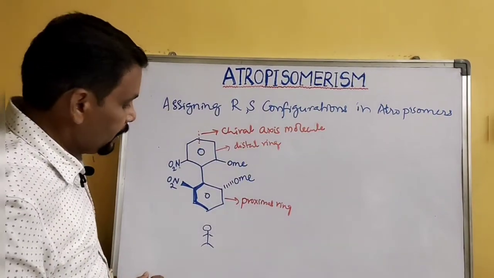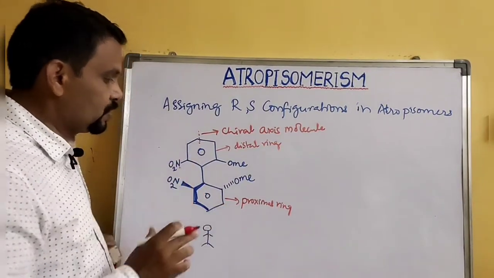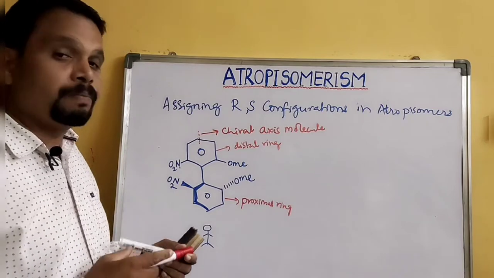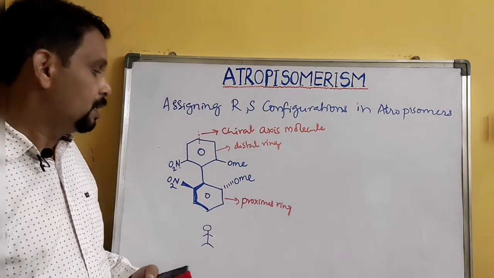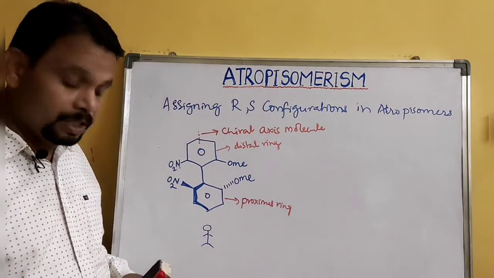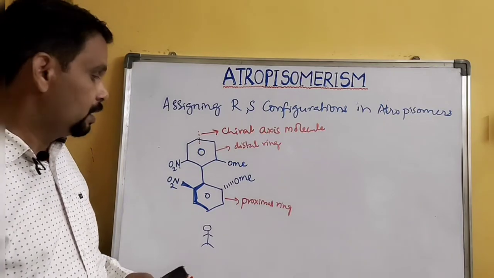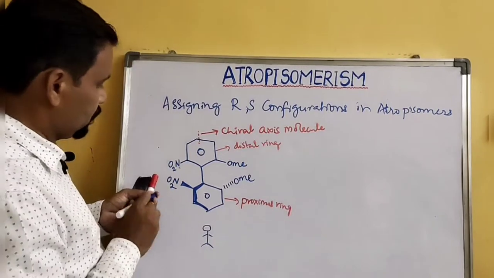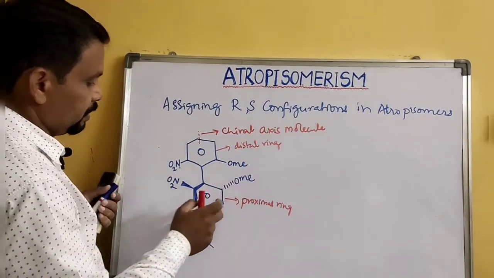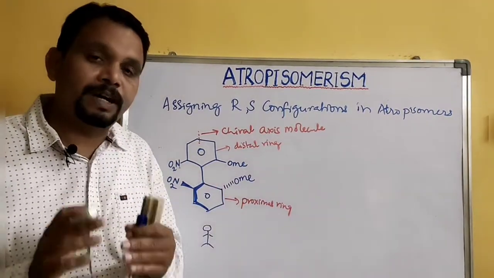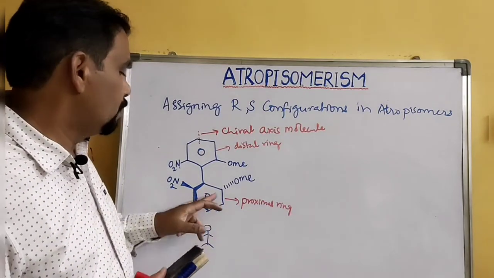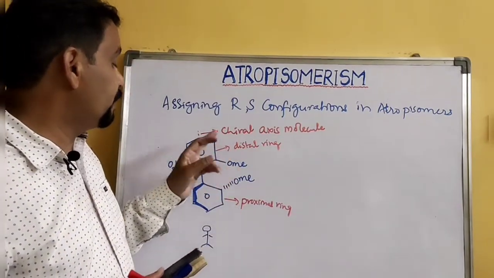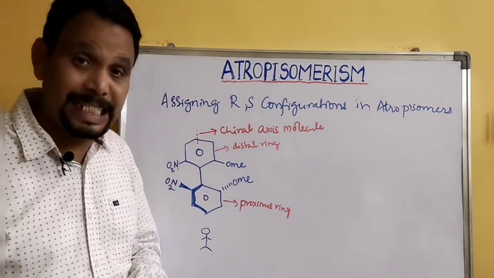For the proximal ring, first you need to give the order of priority according to Cahn-Ingold-Prelog rules. You give first and second priority to the proximal ring, and third and fourth priority to the distal ring.